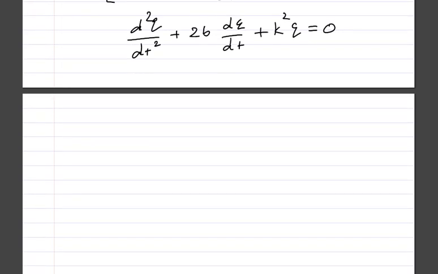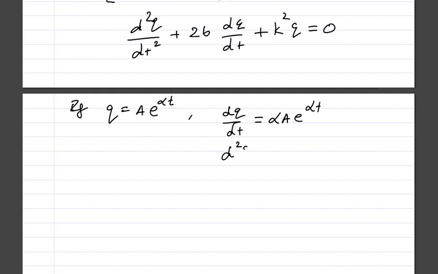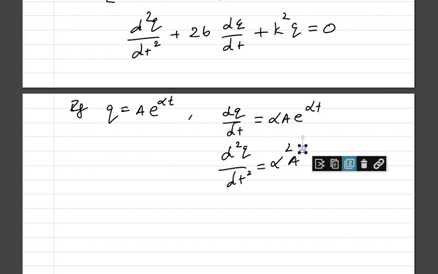So here the solution is, if Q is equal to A e to the power alpha t, then dQ/dt is equal to alpha A e to the power alpha t, and d²Q/dt² is equal to alpha squared A e to the power alpha t.